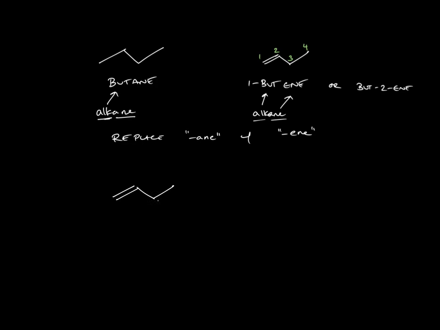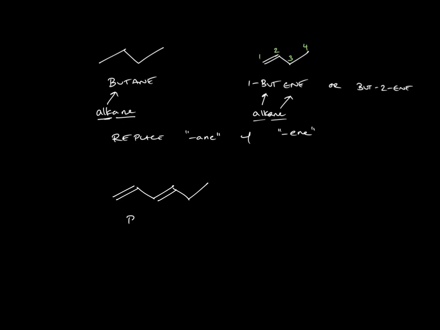So for instance, this molecule right here, it's a hexane, but it has 2 alkenes. Well, if we had 2 methyl groups, we would just say dimethyl. So if we have 2 alkenes, we say diene.